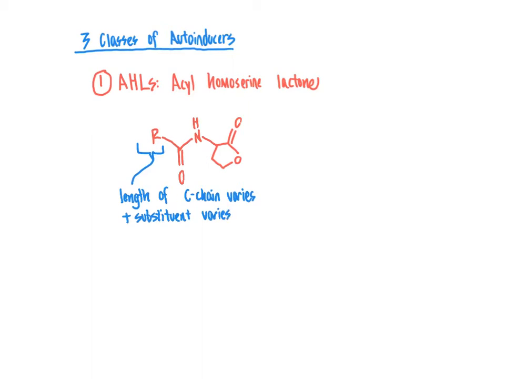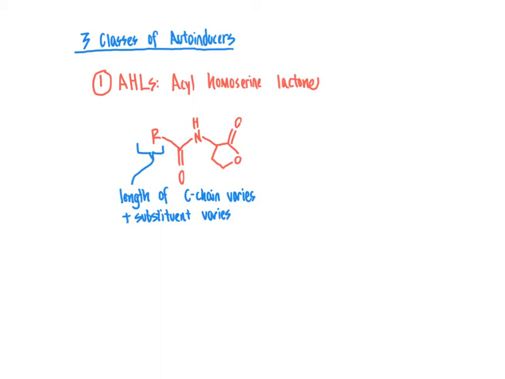When we say the substituents vary, what that means is that within that carbon chain, in many cases, there are things like carbonyl groups interspersed and groups of that sort. Ultimately, this chain allows species to recognize members of their own species.